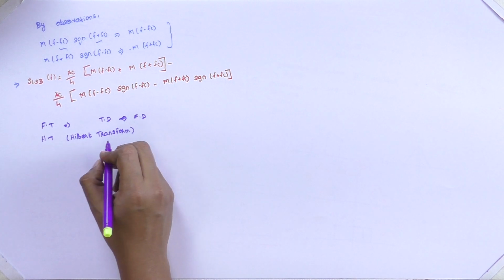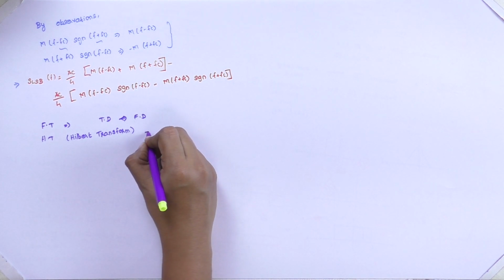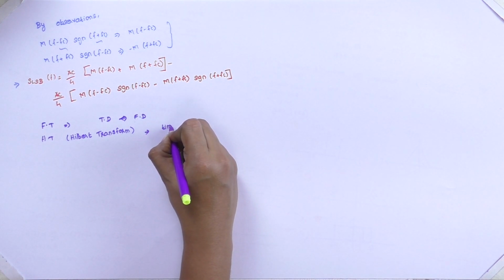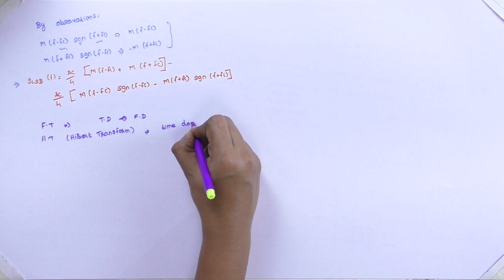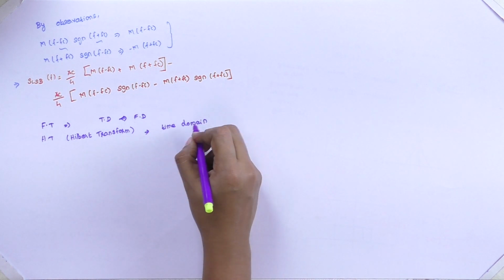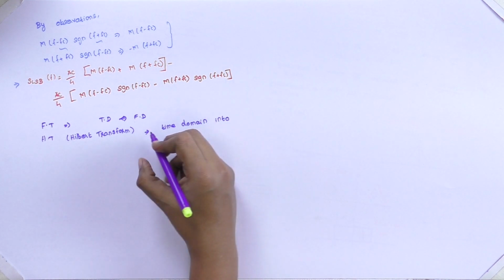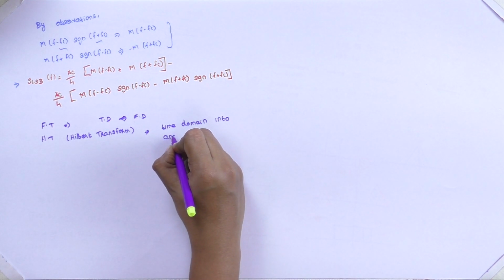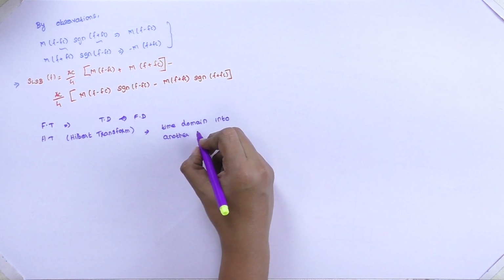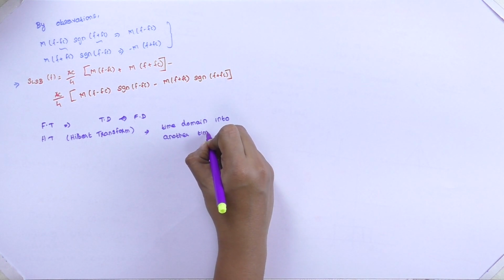It changes only the time domain signal. The purpose of the Hilbert transform is to change a time domain signal into another time domain signal. How to convert the time domain into another time domain? Does it make any difference?